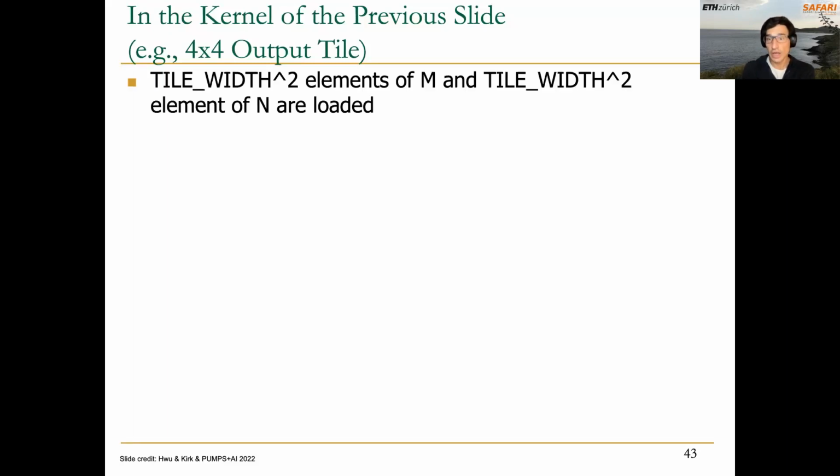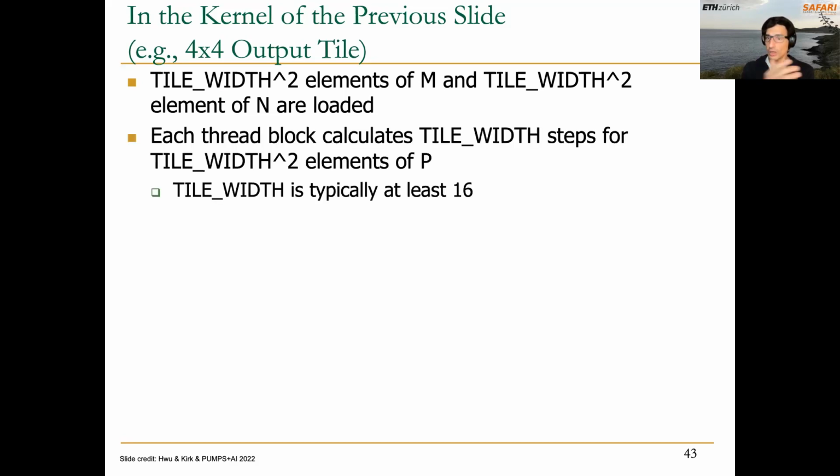we have a tile with tile width square elements of M and a tile with tile width square elements of N that are loaded into the shared memory. Remember that this is how we used to compute matrix multiplication, loading one tile of elements of matrix M into the shared memory, another tile of elements of matrix N into the shared memory, and then we start performing the computation, right?